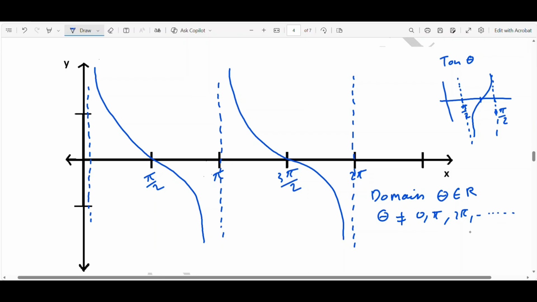So at 3 pi, I would have an asymptote line. At 4 pi, I would have another asymptote line. So every pi, I would have an asymptote line, and it's periodic every pi. The range: y belongs to R.